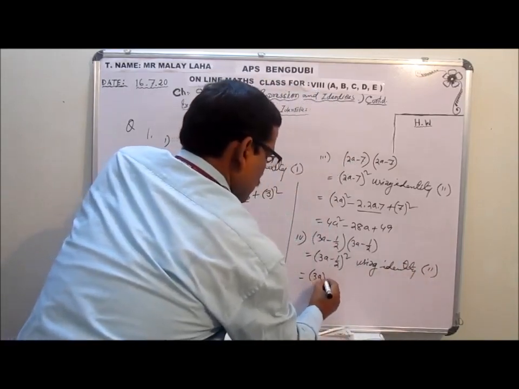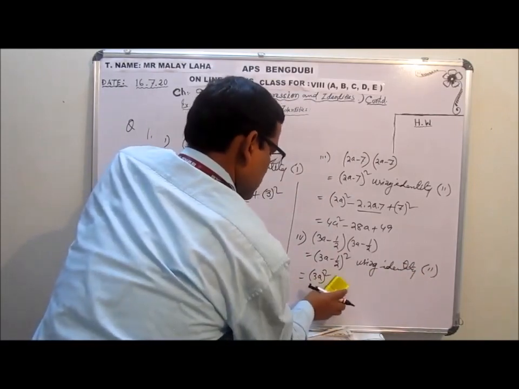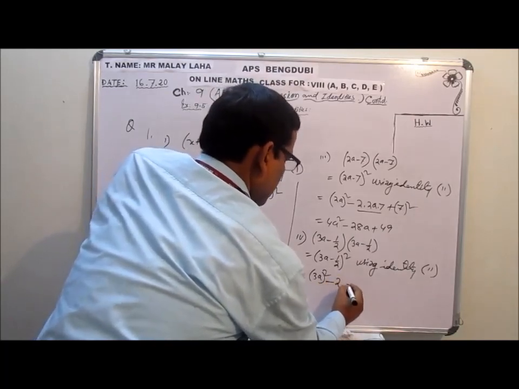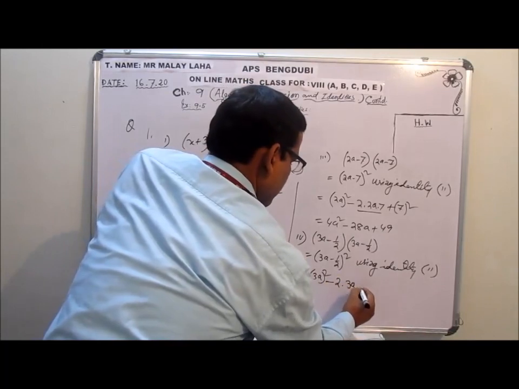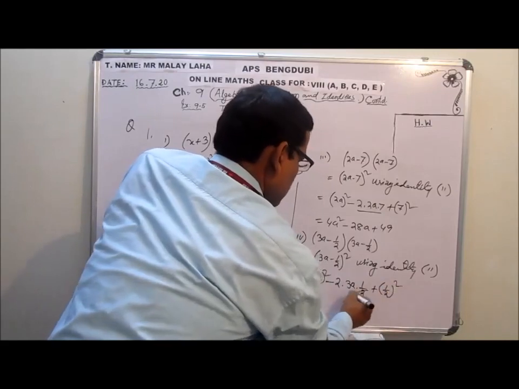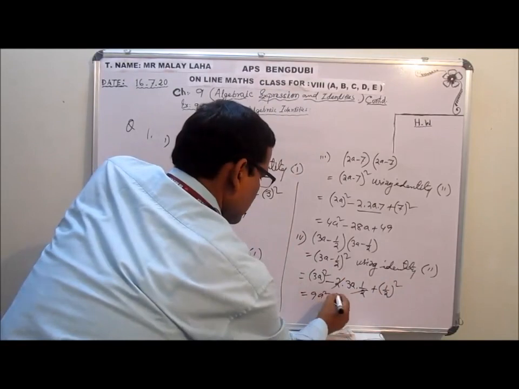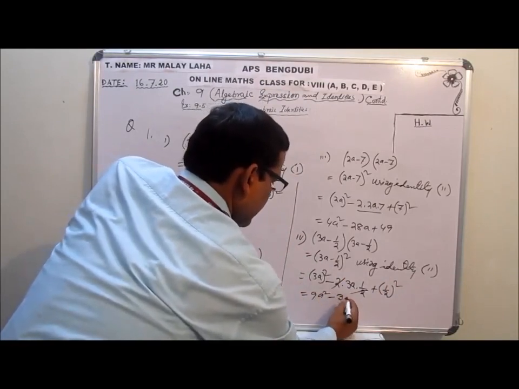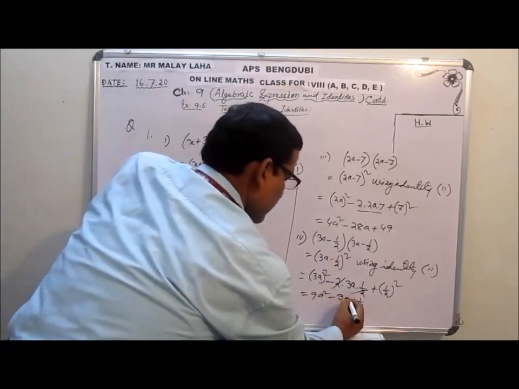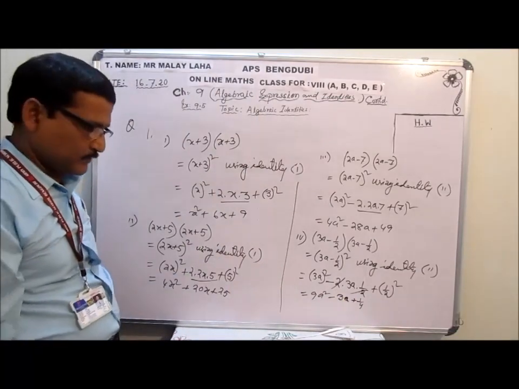So (3a) whole square, minus twice a means 3a, b means half, plus b square means (1 by 2) whole square. These two are cut. So what I am getting? 3 squared is 9a square minus 3a plus 1 by 4. Have you understood this one?